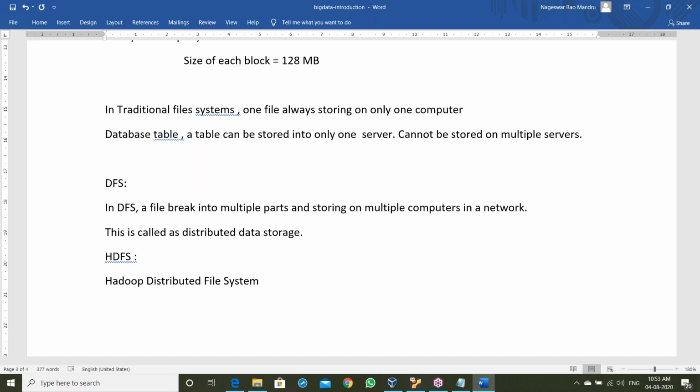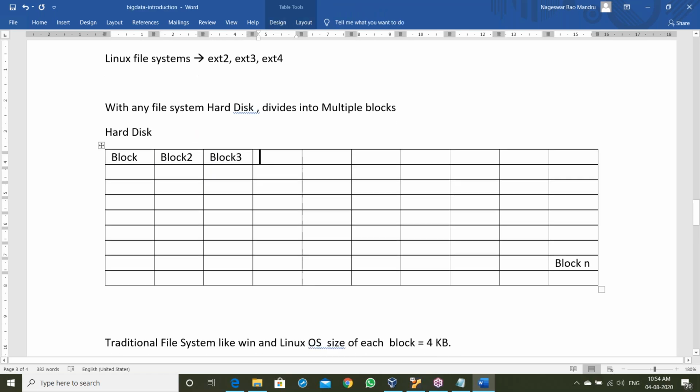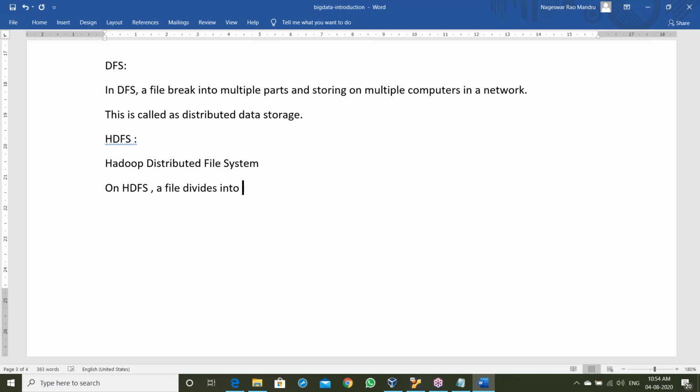In HDFS, a file is broken into multiple blocks, just as a disk is divided into multiple blocks: block 1, block 2, and so on. A file divides into multiple blocks.